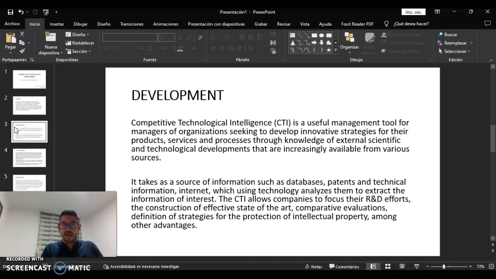The CTI allows companies to focus their research and development efforts on the construction of effective state-of-the-art comparative evaluations and the definition of strategies for the protection of intellectual property, among other advantages.